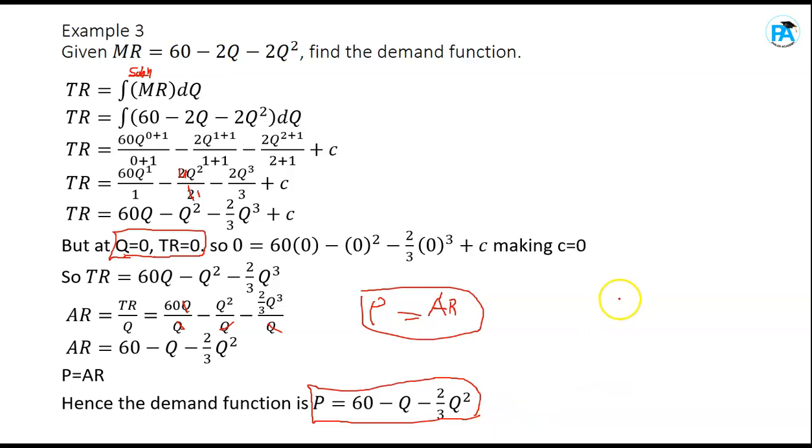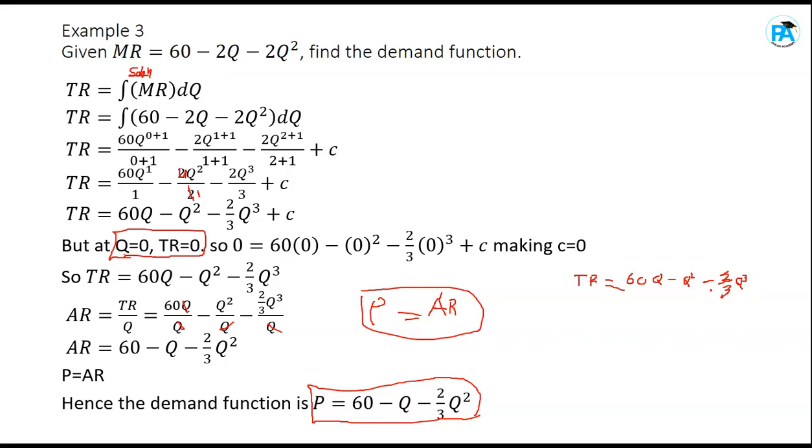Now, someone also would have done it like this. Take a look at something. When you go to this part, TR equals 60Q minus Q square minus 2 over 3 Q cube.